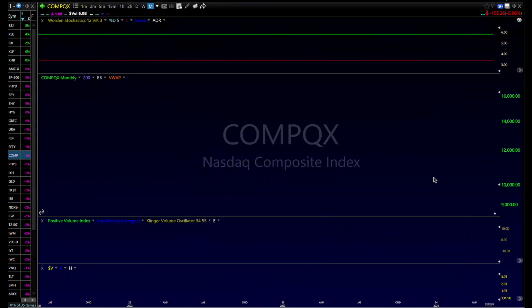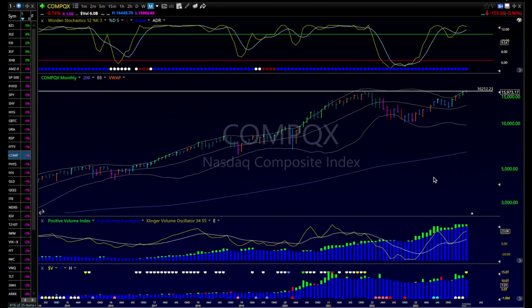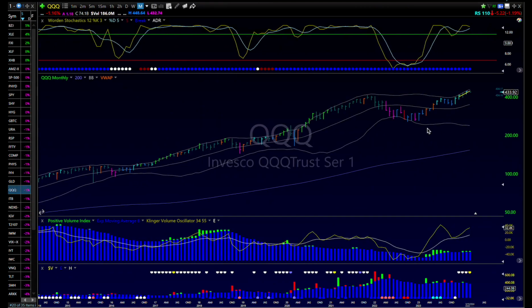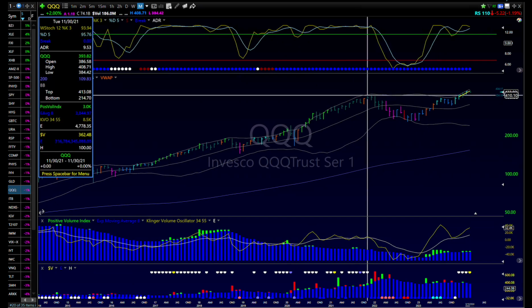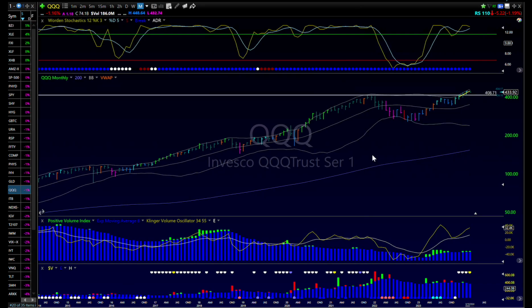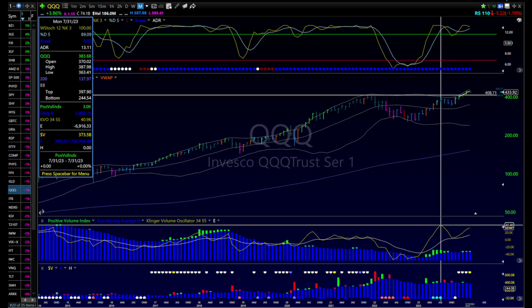Let's look at a monthly chart versus QQQ, which has made higher highs. NASDAQ 100 is still holding above all-time highs. But look at that. It's not getting above here where it was back in July.